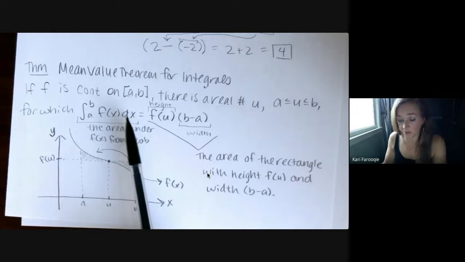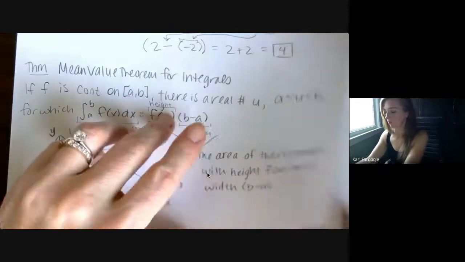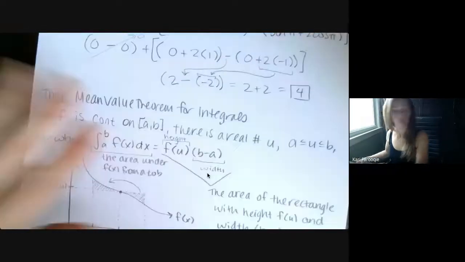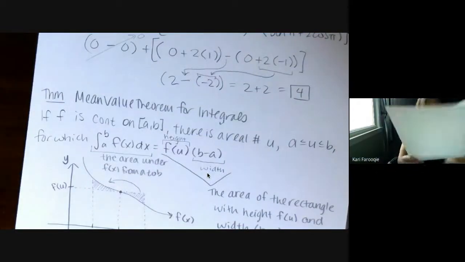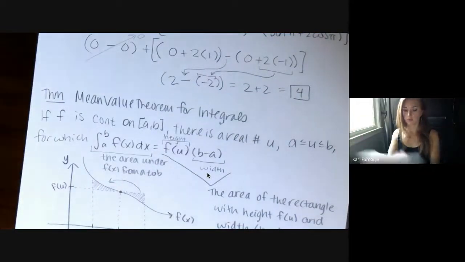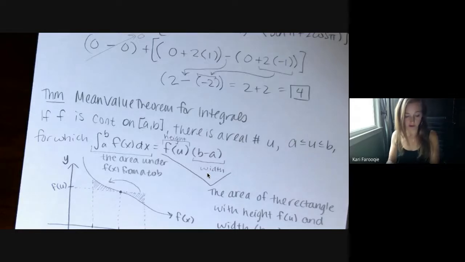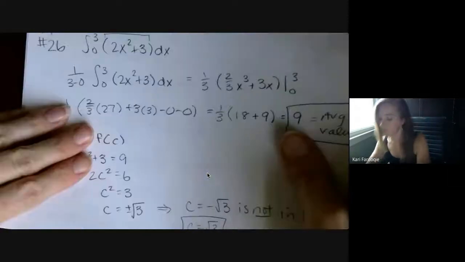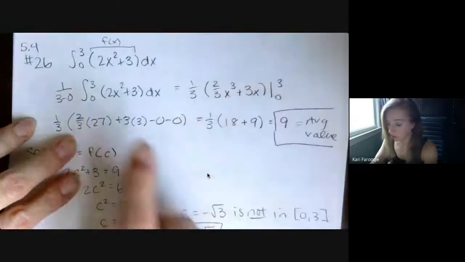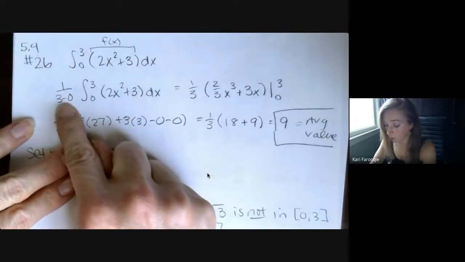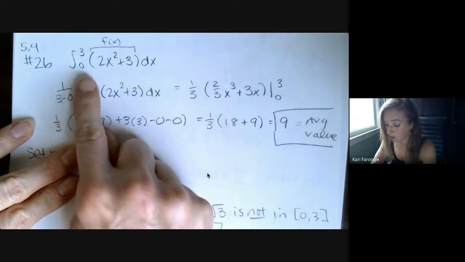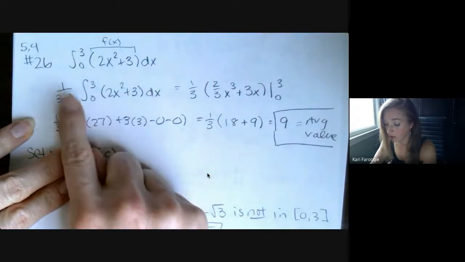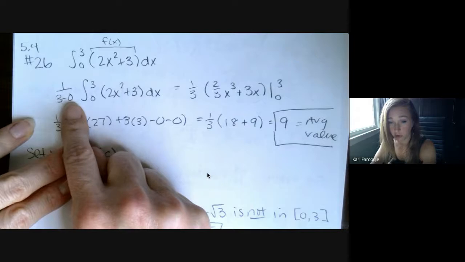Because we used the average value when we computed our integral, we were given this integral, and we already used the 1 over b minus a portion here.